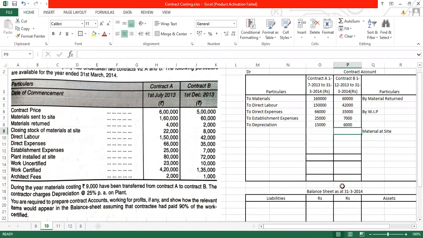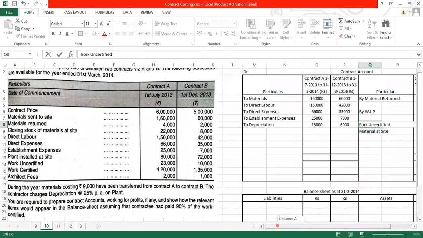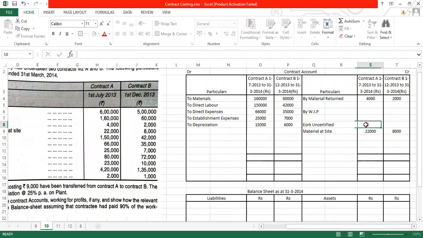Next is work uncertified under the head WIP: 20,000 and 10,000.